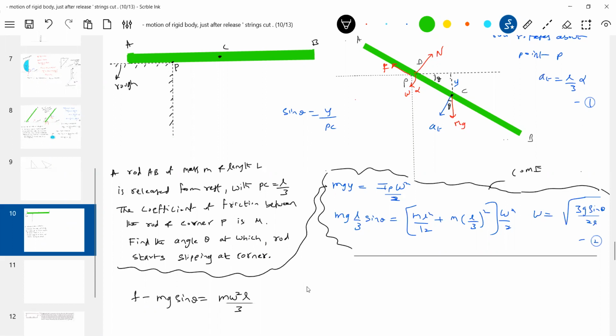But how can you write L by 3? The whole mass appears to be concentrated at the center of mass. So this is due to rotating motion, due to circular motion.